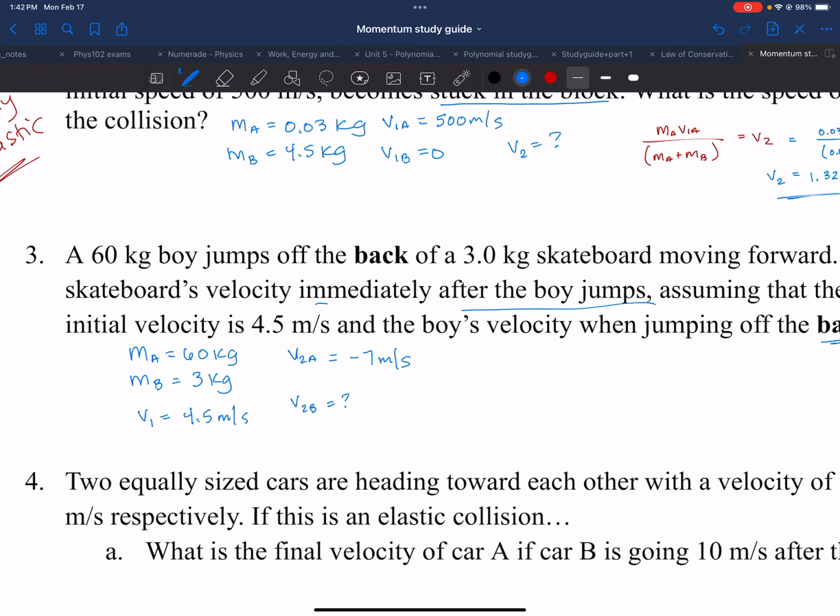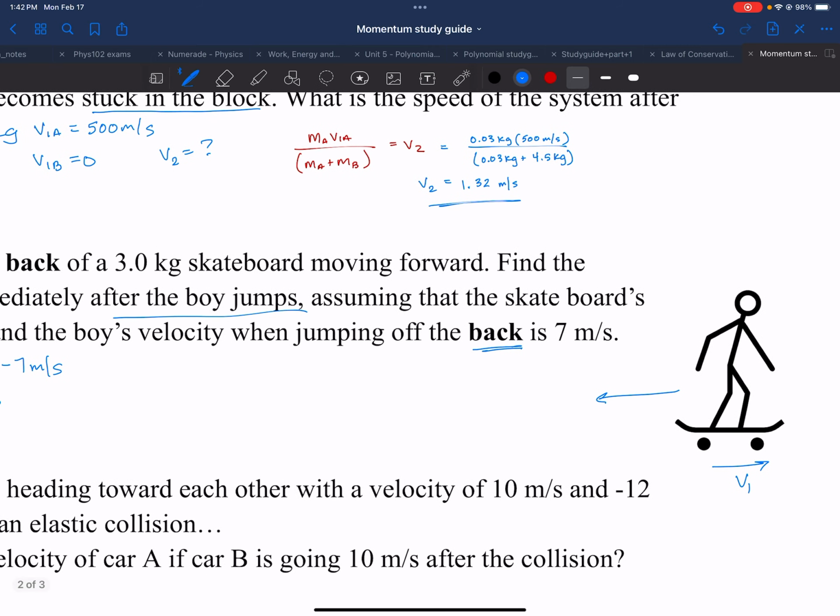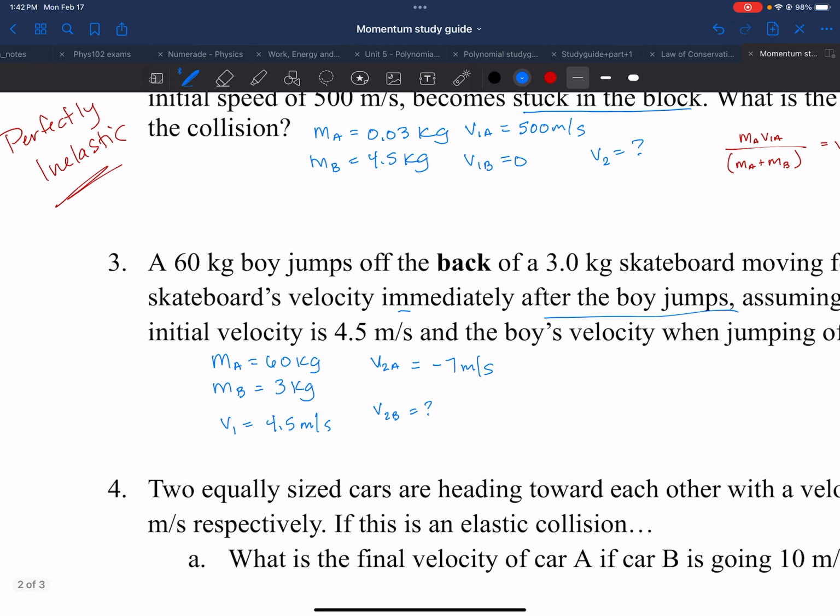Because they're together initially and then they break apart, I can automatically tell you that this is a perfectly inelastic collision, and specifically the kind that's an explosion. Nobody blows up, but it means that they are together initially and then they break apart.